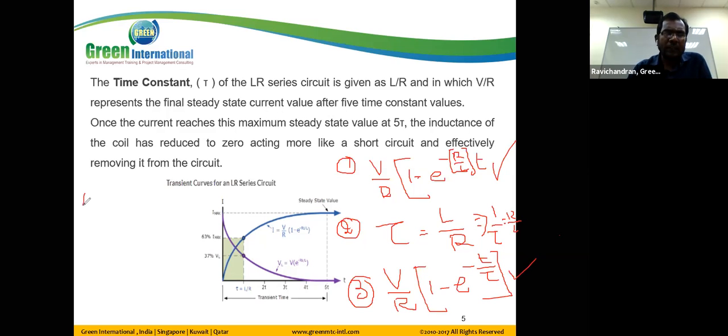And fourth one: at 5t, that is 5 tau, the circuit achieves the steady state value.